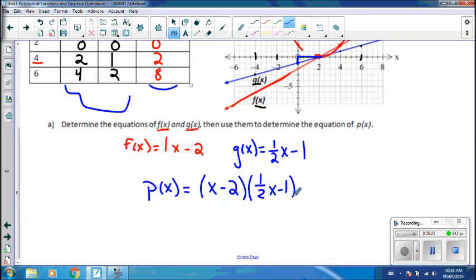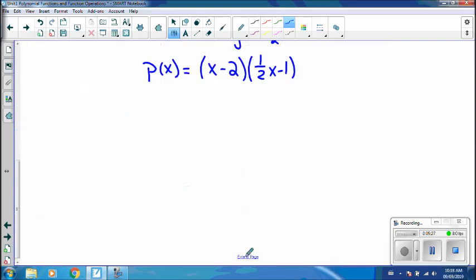So now I'm just going to FOIL this out, right? Multiply two binomials. So I have 1/2 x squared when I multiply here, minus x when I multiply there. Negative 2 times 1/2 x is going to be another negative x. And negative 2 times negative 1 is positive 2.